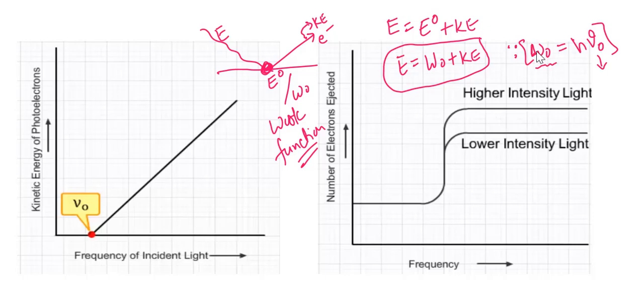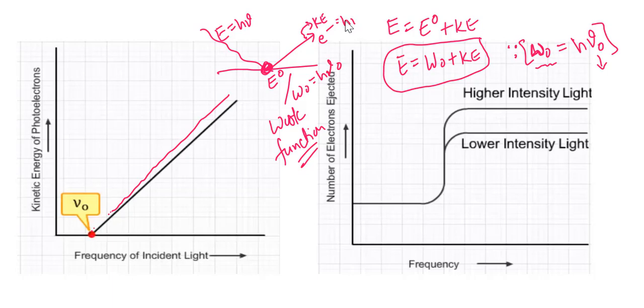The remaining amount of energy is converted into kinetic energy. Now you can see here the kinetic energy of the photoelectron. The minimum frequency required is nu naught. If a frequency greater than that comes, it is converted into kinetic energy. Same formula here: if nu is greater than nu naught, then this is equal to h nu, and this one is equal to h nu naught.